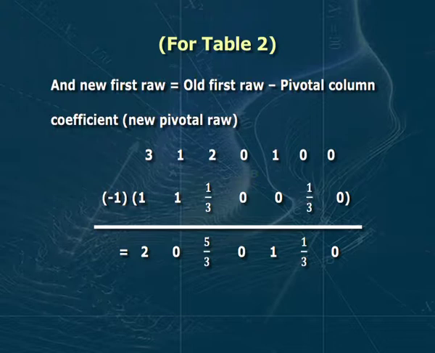Substituting the values of the old first row, which are 3, 1, 2, 0, 1, 0, 0, the corresponding pivotal column coefficient is 1 and the new pivotal row is 1, 1, 1 by 3, 0, 0, 1 by 3, 0. On simplifying, we get the elements 2, 0, 5 by 3, 0, 1, minus 1 by 3 and 0.